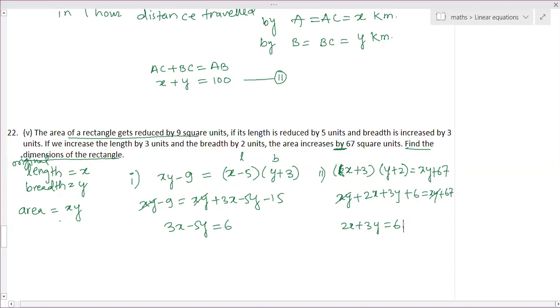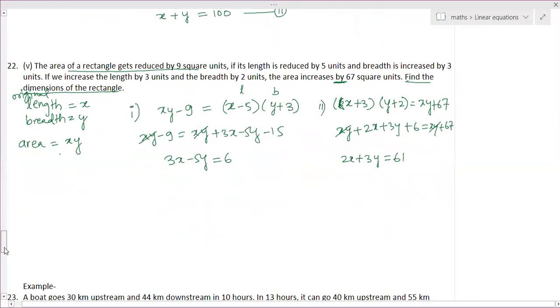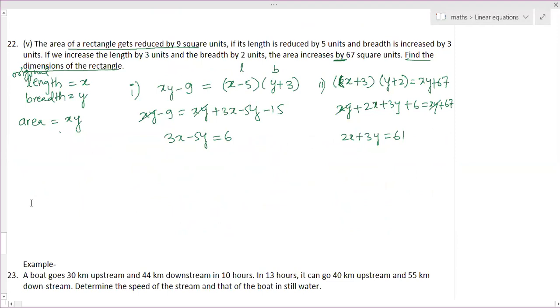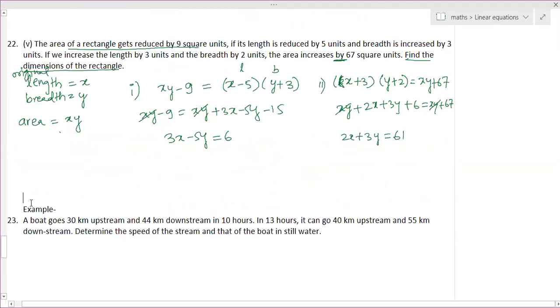X is 17. Just a minute. Ma'am, I got length is 17 and breadth is 9. Yes, right.